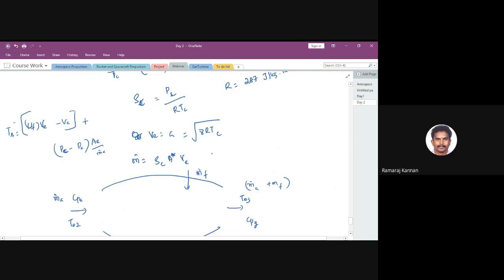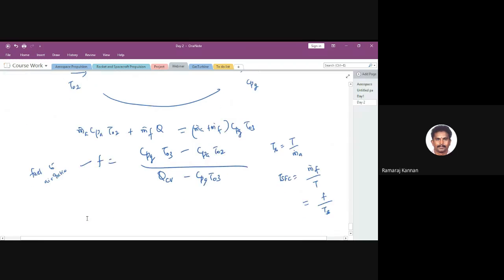So we can write AE by m dot as 1 by rho C into your A. So you know your specific thrust, and your TSFC is nothing but f by your specific thrust. F and all you can calculate using this relation.